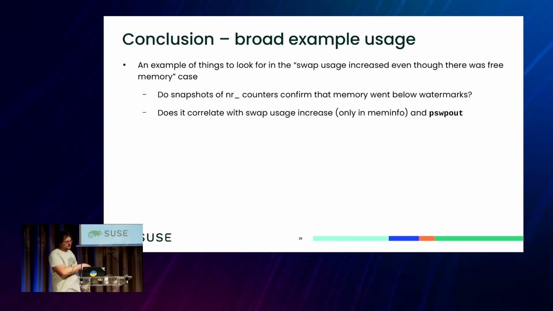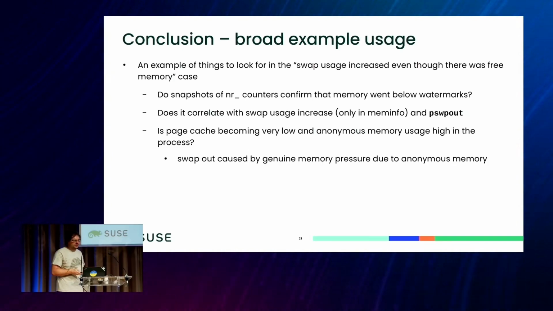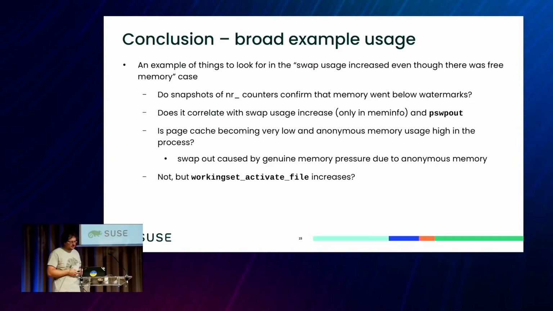And in that moment, we should see the page swap out counter increasing. The other question I would ask is whether we have very low page cache and anonymous memory was occupying everything. If yes, it means that the workload was just too big and we couldn't do anything else, so it's not a bug.